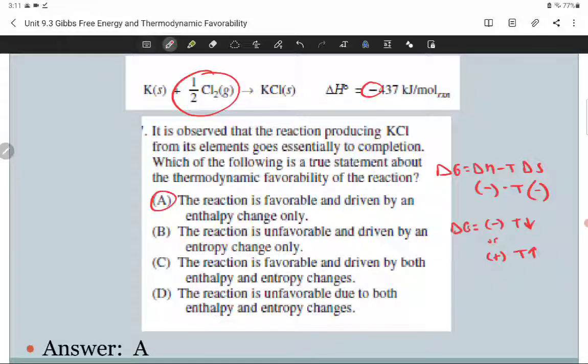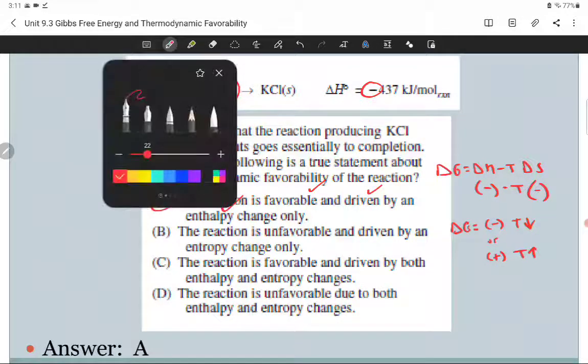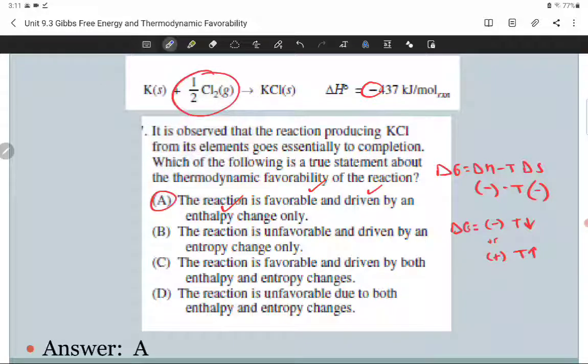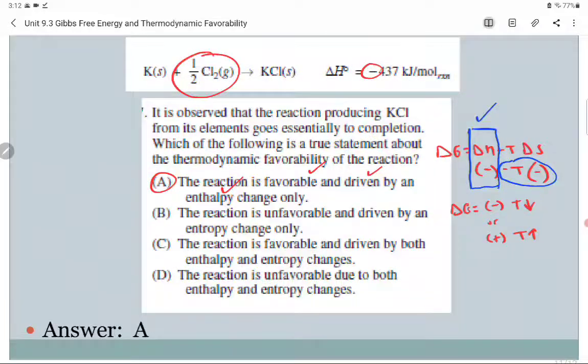Let's try to figure out why we like A. Reaction is favorable and driven by the enthalpy. So the answer says it's driven by that, which is the case. That's the only way you can get negative, because this times this gives you a positive value, right? So it can't be driven by the T delta S portion. It has to be driven by the delta H portion. So mathematically, you can kind of think about it as driven like that.